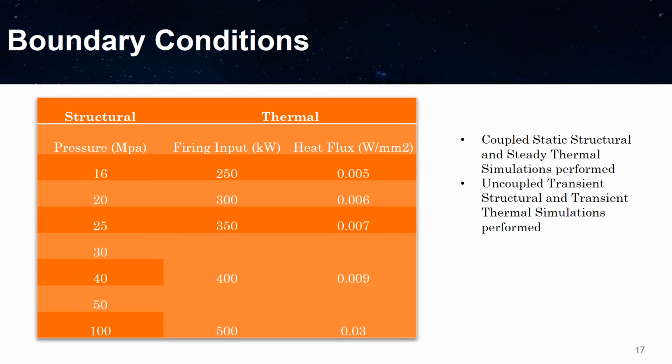The firing inputs are going to be 250, 300, 350, 400, and 500 kilowatts, which results in the heat flux shown on the right, around 5 milliwatts per square millimeter all the way to 30 milliwatts per square millimeter.